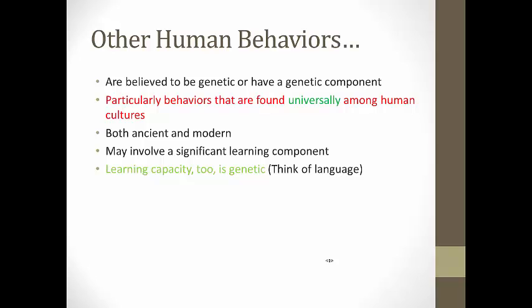We note that any given trait, let's take religion as an example. If you are a religious person, you probably believe in a particular religion that has a specific set of tenets and rites that you practice. Well, those tenets and rites are not themselves biological. The biological part is the desire to believe in a supernatural deity. However, the specifics of the theology are derived from teaching and learning, so they're environmentally derived.